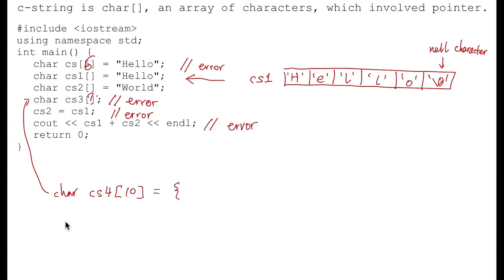Then you will initialize it as you initialize other arrays. Let's say we just want to store hi. And then we know the C string will end with a null character.